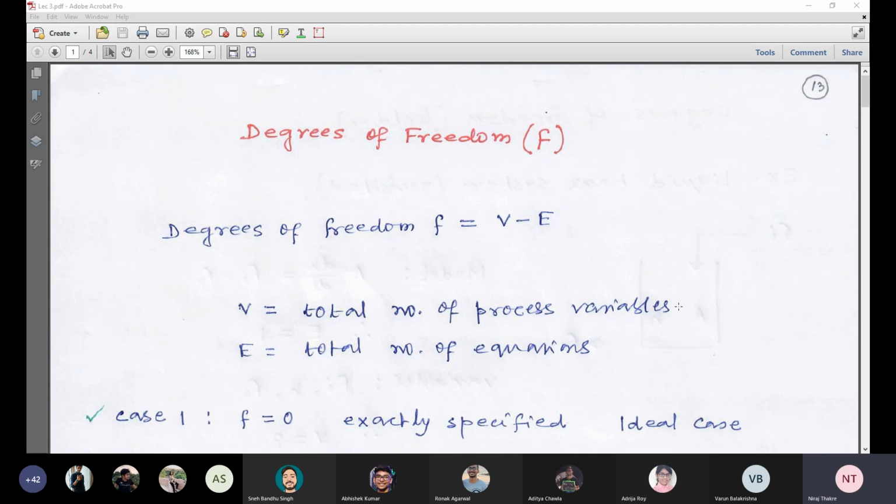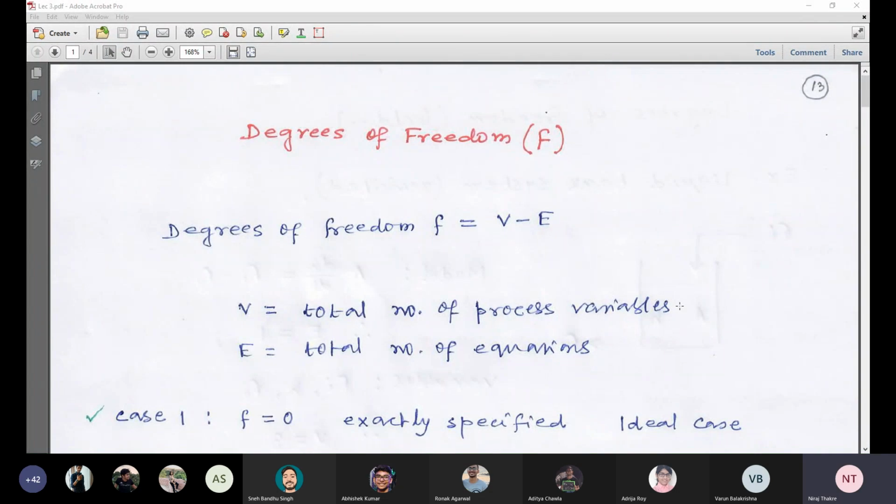It is somewhat like this, according to your example. Suppose in the last example, liquid tank system, you see volume is equal to area into height. Fine. So either you consider volume or height within V. You cannot consider both. Got the point? I repeat, let us consider the last liquid tank example.